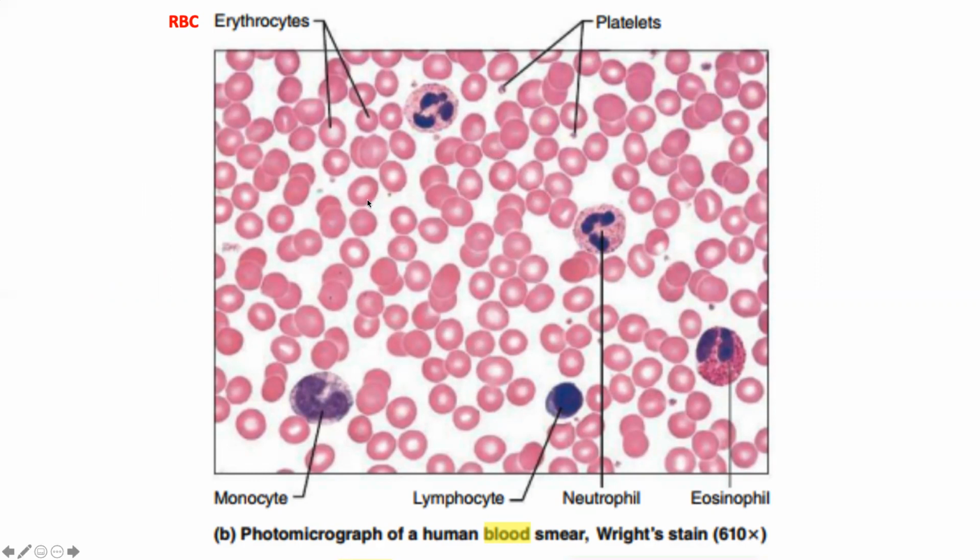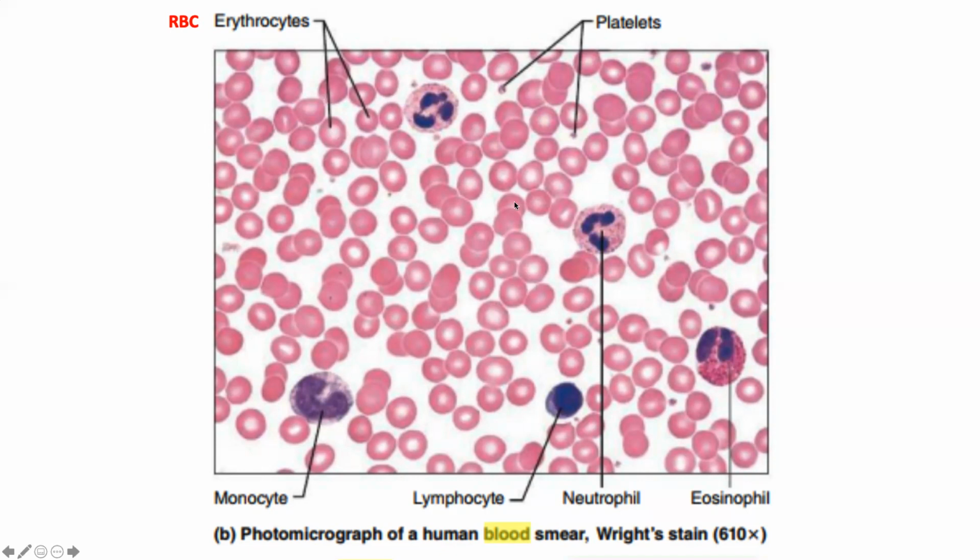These red or pink circular cells are red blood cells, or RBC, or erythrocytes. The blue, purple colored cells, in combination, we call white blood cells. And the small little chips here and there, as you can see, are platelets.